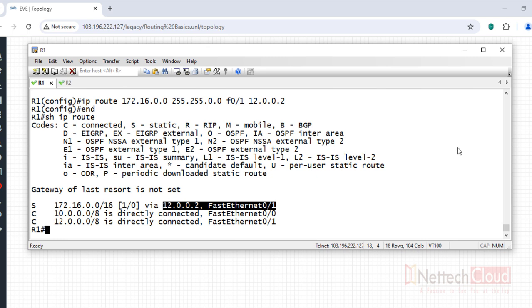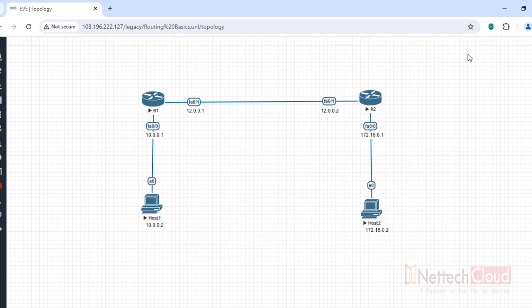In interior gateway protocols like OSPF, EIGRP, RIP, by default we see both the next hop IP and exit interface. In BGP we always see only the next hop IP address. So I hope you understand the routing basics, the routing principle.